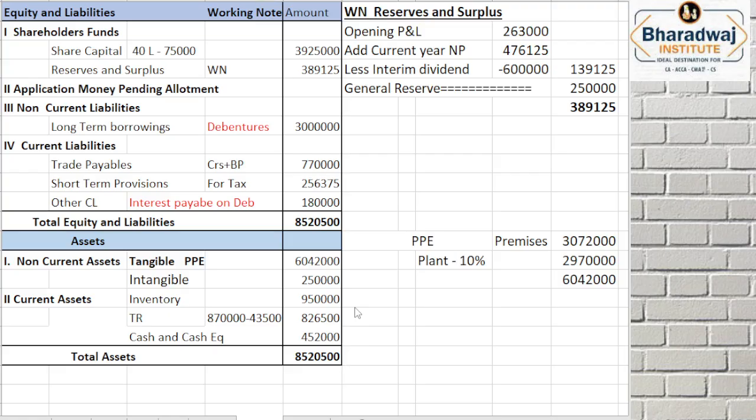Do the complete P&L account. Then, of course, I'll do the workings for the P&L account.